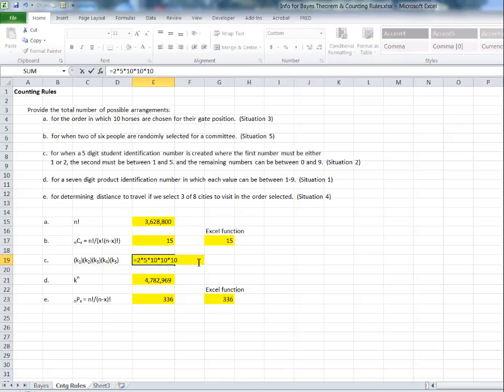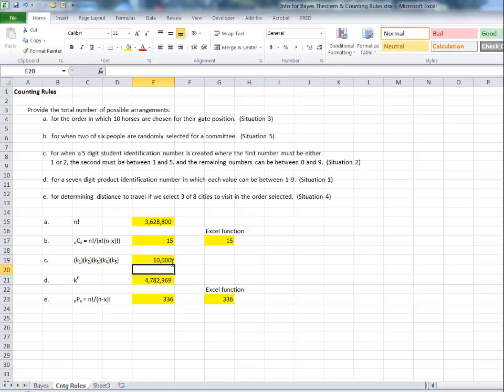It's a 5-digit student identification number. So you've got 2 times 5, and then you've got 3 digits remaining that can be from 0 to 9. And so 10 times 10 times 10. And so you have 10,000 possible ways that could happen.